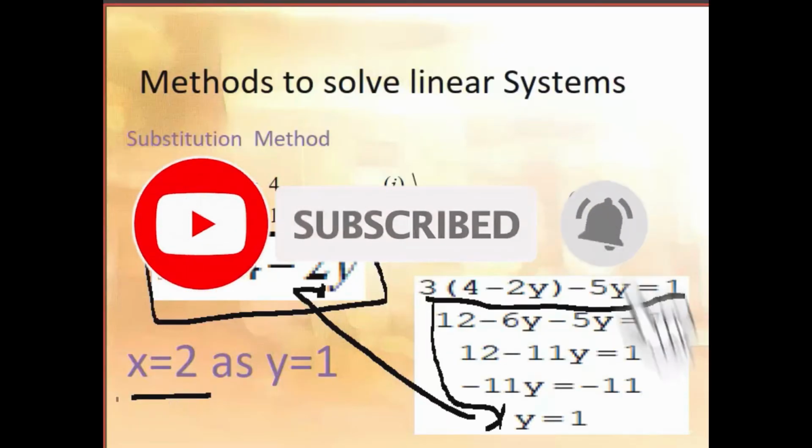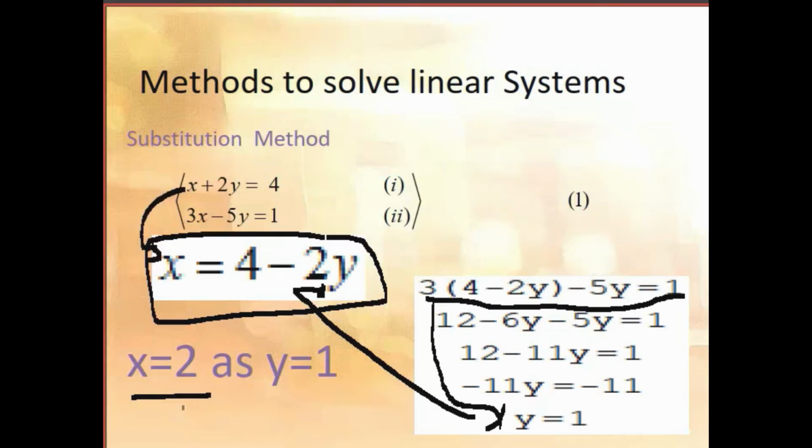When you get the value of x and y, you can specify your solution as (x, y). The value of x must be written first, then you write the value of y. It can be read as when x equals 2, y will be 1.